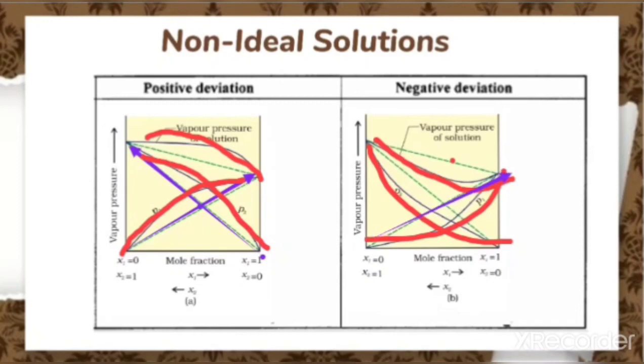This is the straight line, and it shows that if it is exactly obeying Raoult's law, then we get a straight line. But it is not obeying Raoult's law, so we are getting a curve, and that curve is shown here below the straight line. So that is the negative deviation, and where the value is higher, that is the positive deviation.